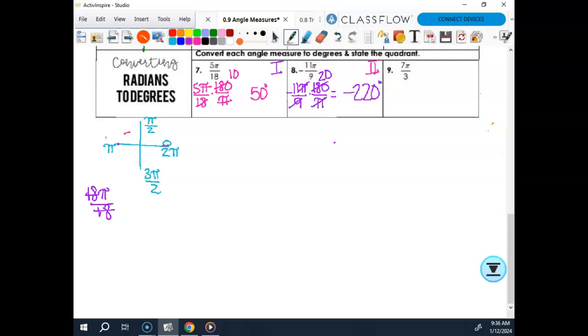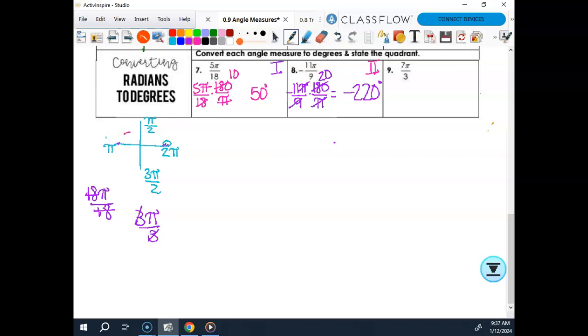All right, so let's look at 7 pi thirds. I start here at 0. When I get to pi, what do I think about in thirds? What would this be? 3 pi thirds, right? Okay, does everybody understand why that's 3 pi thirds? Because obviously we wouldn't write it like that, we'd write pi, but we're thinking fractionally. So 3 pi thirds.